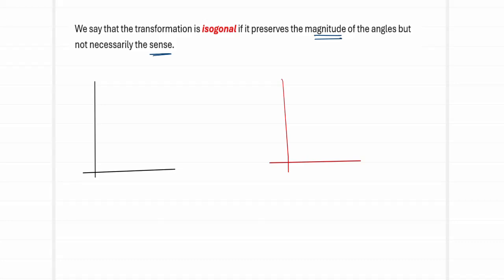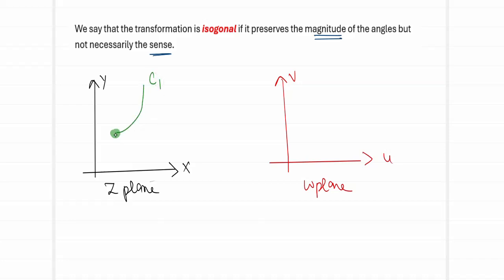Okay, so in the w plane, this is my u and this is my v, and over here this is my x and this is my y in the z plane. What happens over here? Like previously, I am going to have a point and two lines or curves, one called C1 and the other called C2, defined over here, and this is the angle alpha.